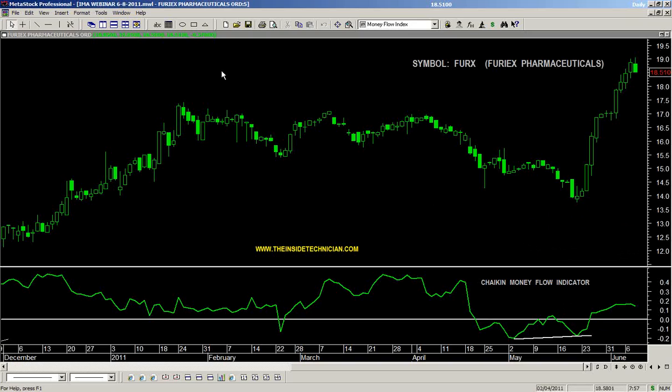The ultimate confirmation that I'm looking for when I want to get in and trade a stock. You could have drawn a trend line here as well to have seen the breakout within the wedge from below to above that trend line, and then another confirmation from below to above the zero line, signaling serious upside potential. So this is the confirmation for the volume.